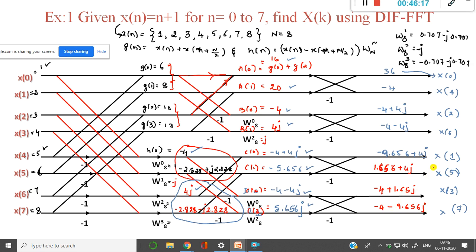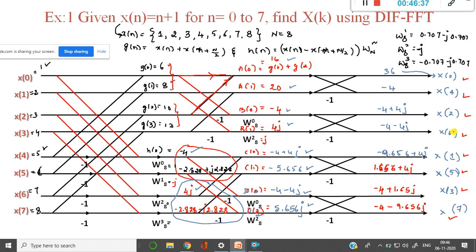Okay, fine. Now you should write them in order: x of 0, followed by x of 1, x of 2, then x of 3, x of 4, followed by x of 5, 6 and 7, right?